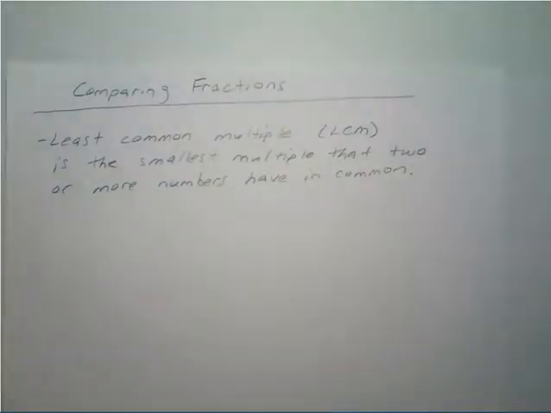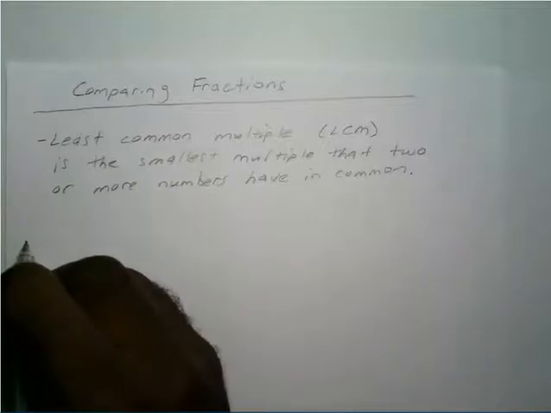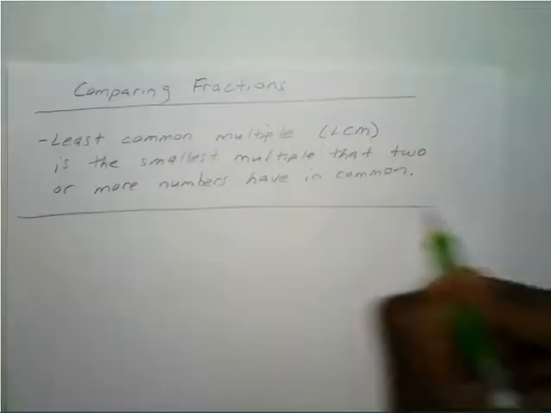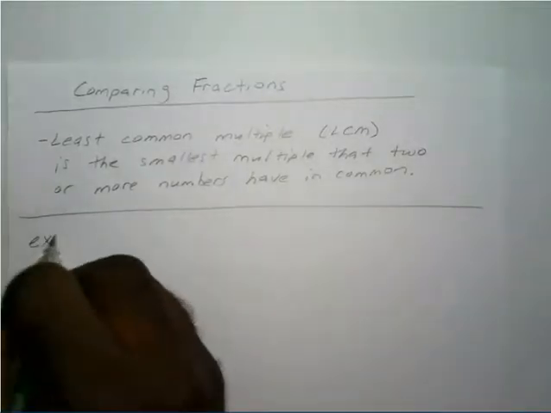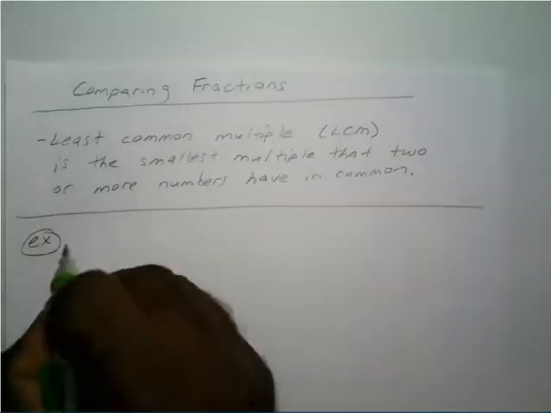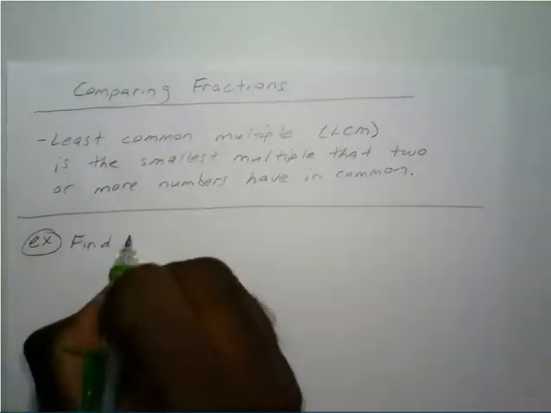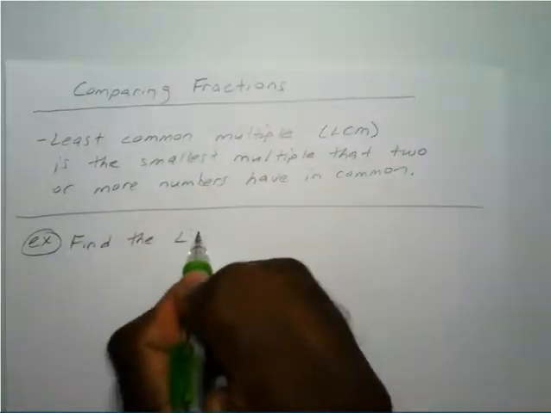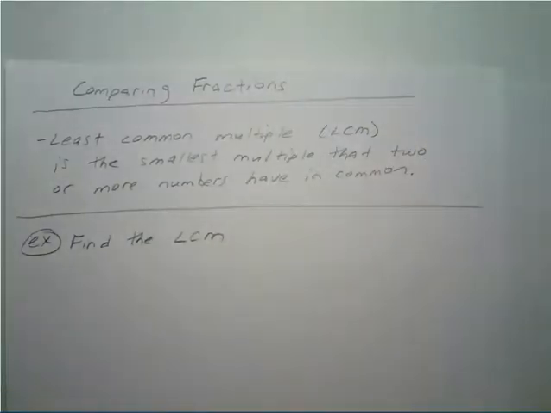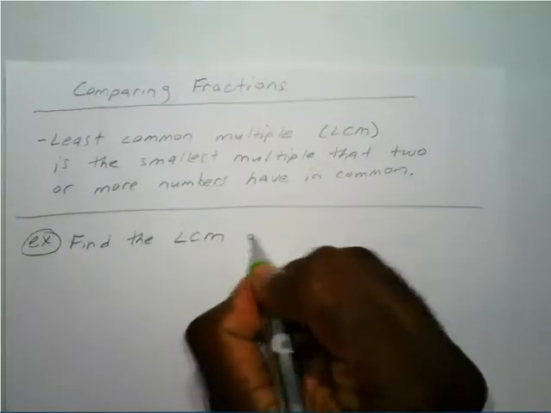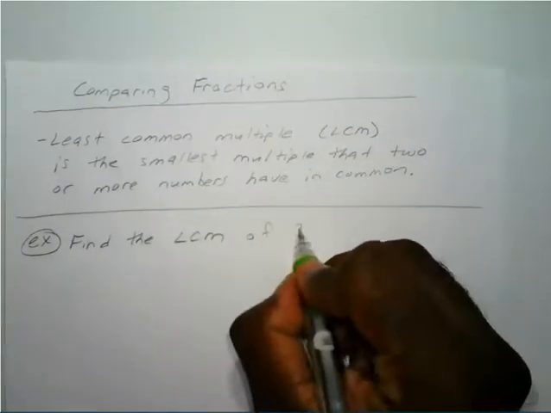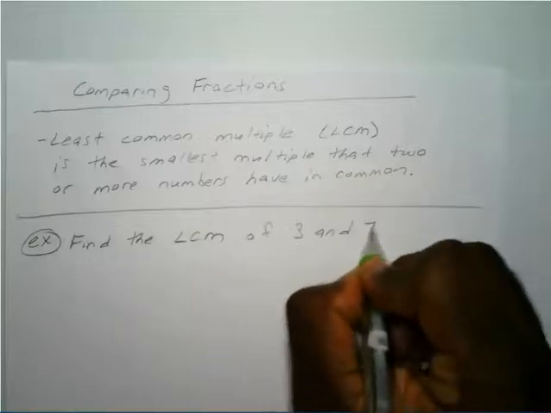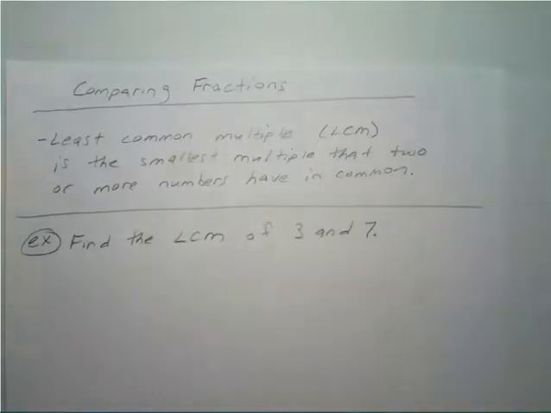All right, so for example, what if we wanted to find the least common multiple of 3 and 7? All right, so how do we do that?